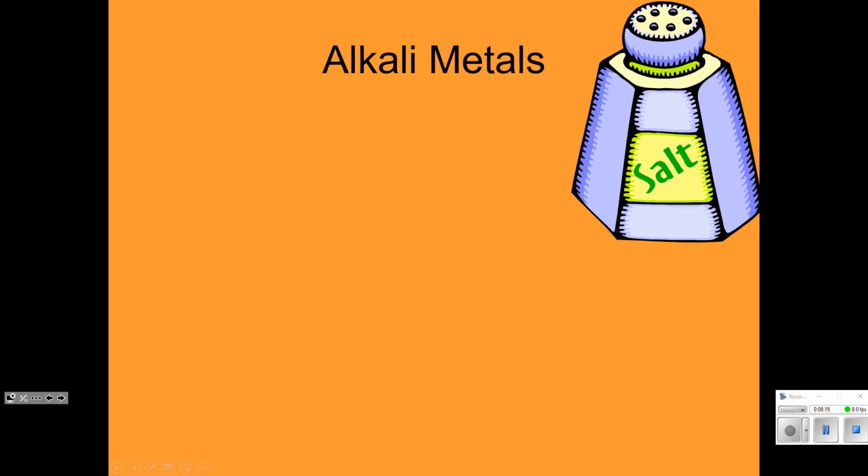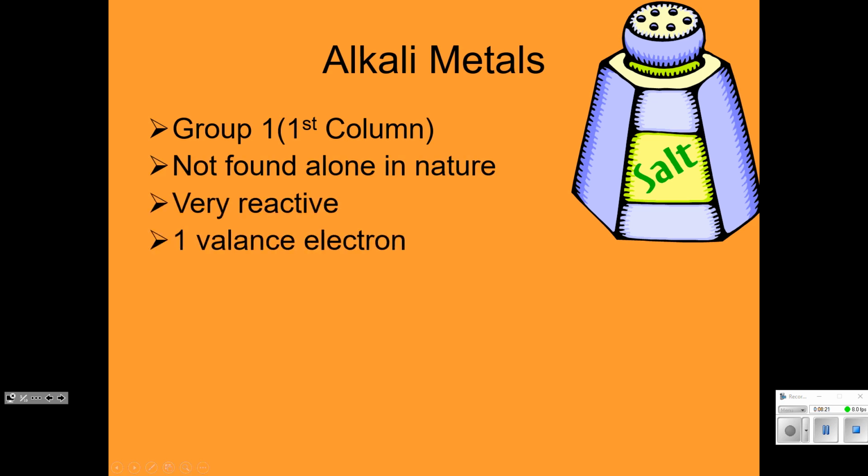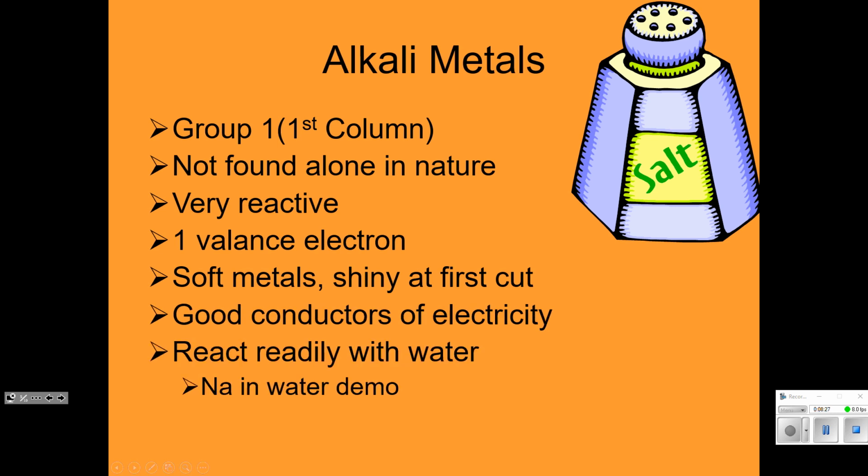So, for example, group number 1 is your alkali metals. Now, group 1, excluding hydrogen, so lithium on down to francium, is what we would call alkali metals.